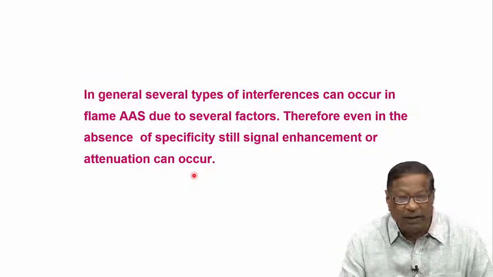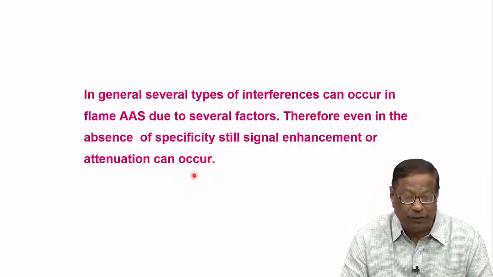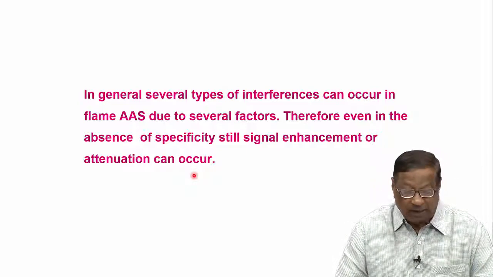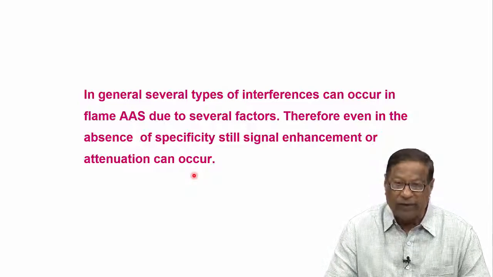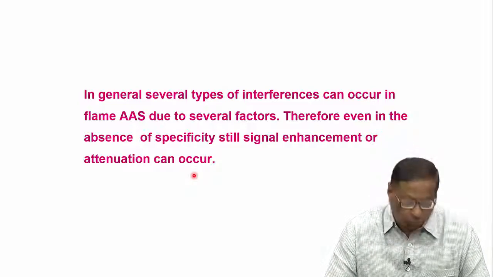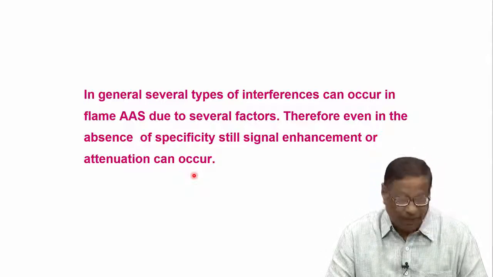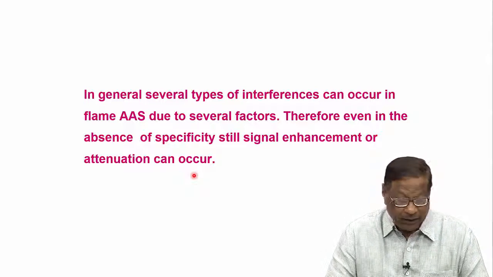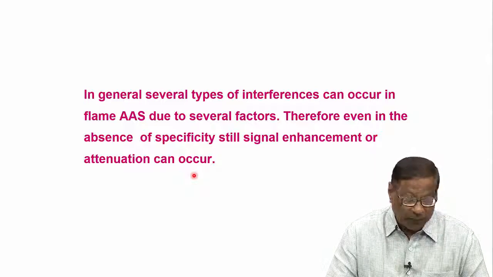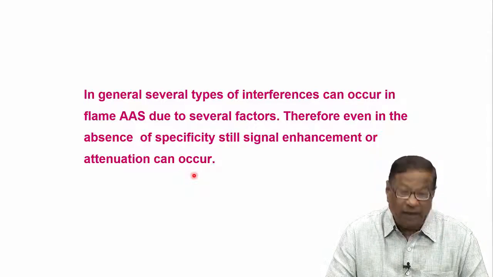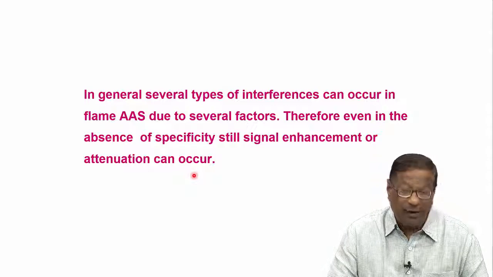So, in general what we want to say is several types of interferences can occur and they do occur in flame atomic absorption due to several factors. Therefore, even in the absence of specificity, still signal enhancement or attenuation can occur.